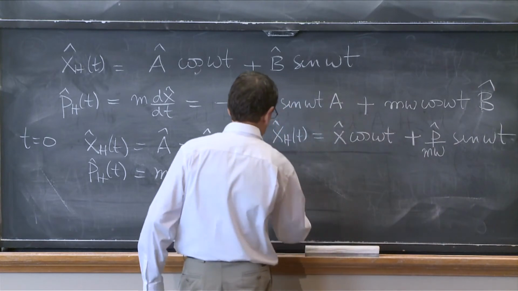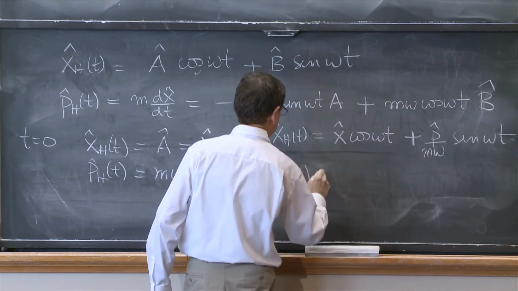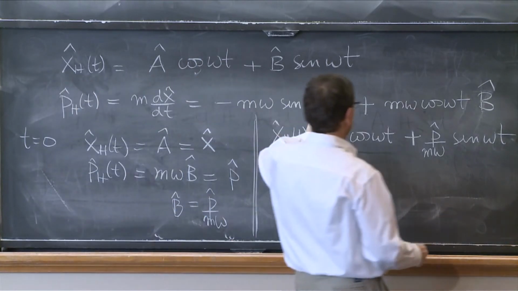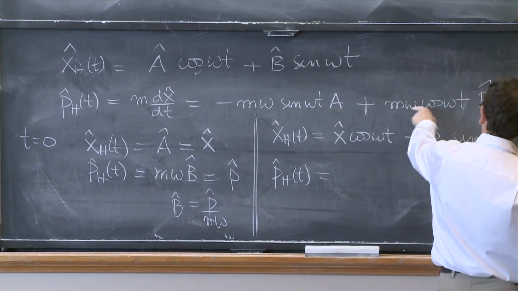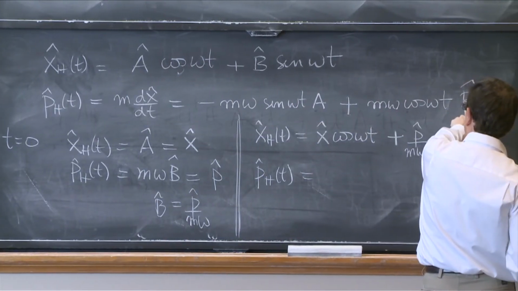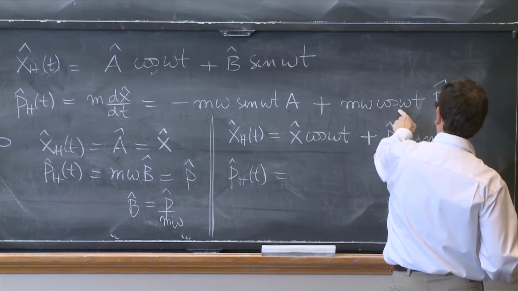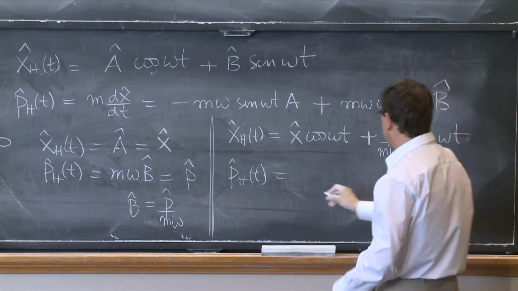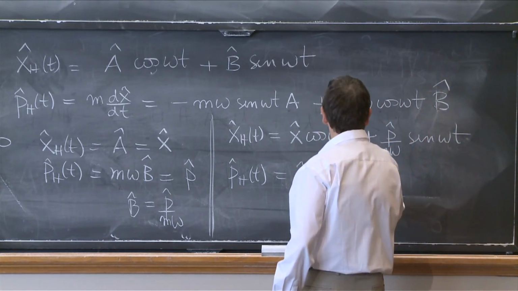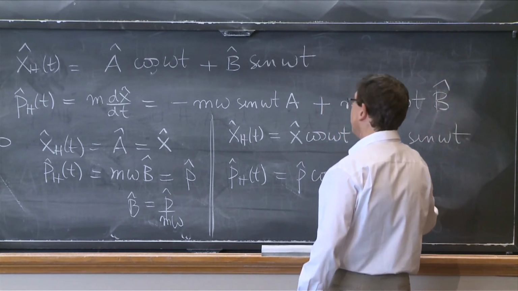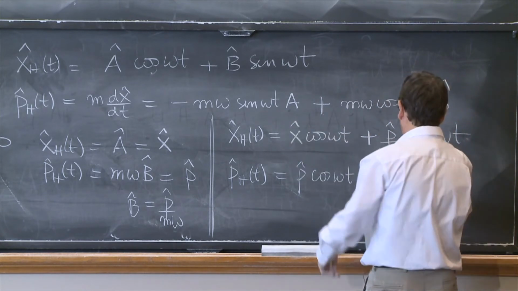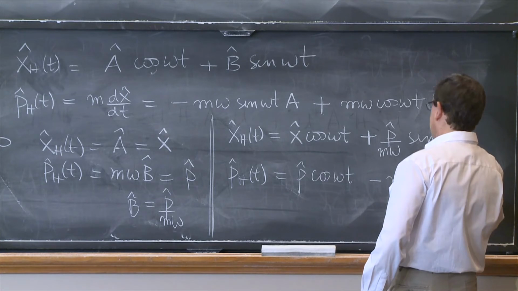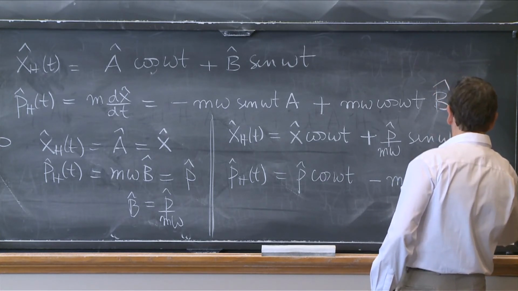And p_H of t is m omega b, which is p hat, so it's p hat cosine omega t minus m omega x hat sine omega t.